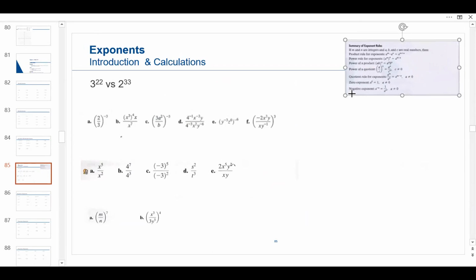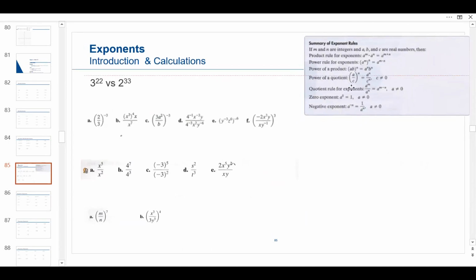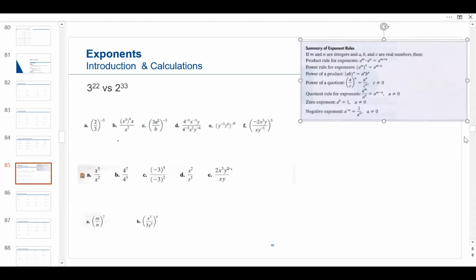This is very critical, all right? So sum of the exponent. Product rule, power rule, and zero rule, and also about, let's call, power of product rule and power of quotient rule.